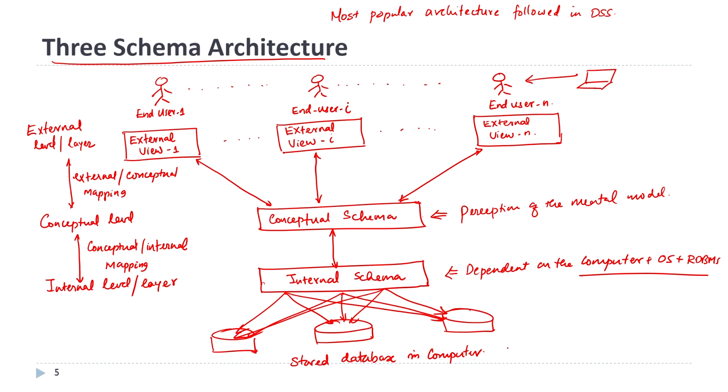That translates this, and this happens at the level of hard disks, otherwise non-volatile storage. It can be solid state devices, SSD, whatever you want to call it. So some way of permanent storage is what we talk about at this point. Okay. So this is the typical three-schema architecture that is followed in the decision support system.